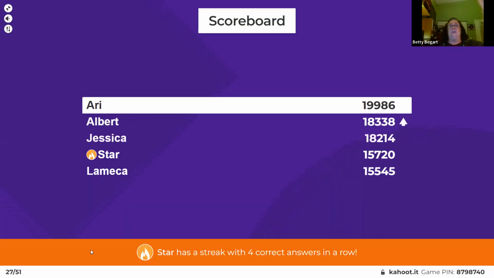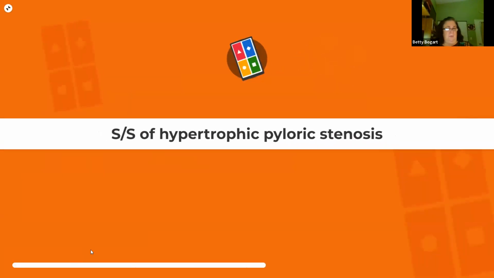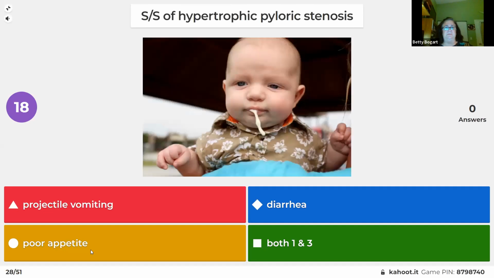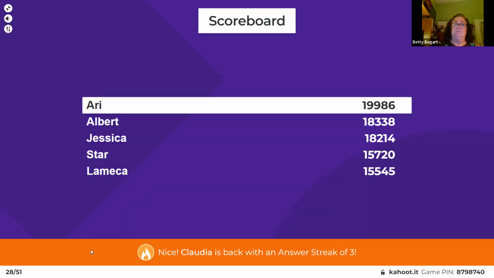And then with projectile vomiting. Projectile vomiting. Literally, watch your shoes across the room. It's going to be splattered. It is that forceful. And a tiny little 7-pound baby, yes.